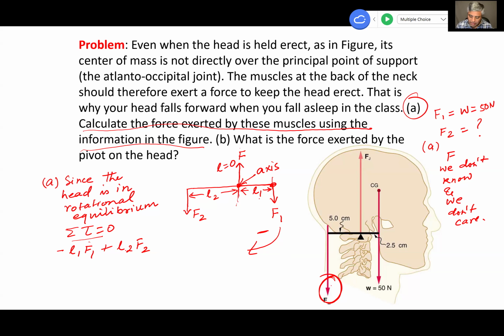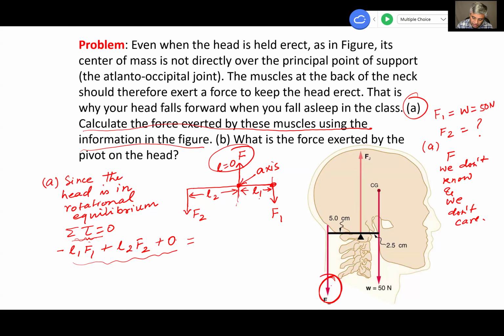And see how I'm writing this in terms of notation rather than the numbers themselves. I wouldn't rush to put in the numbers, okay? The torque due to that one is 0. So that's the sum of the torques, due to three forces.